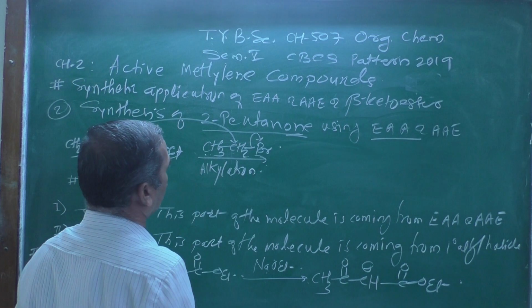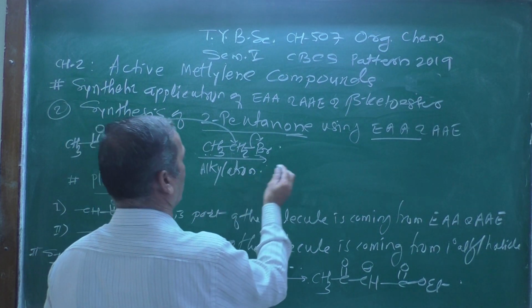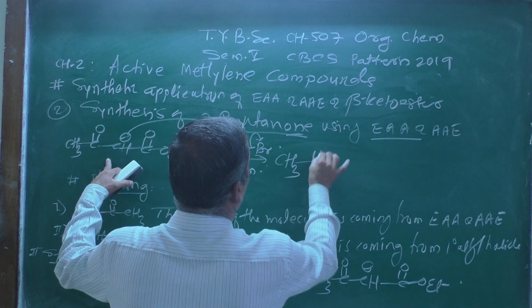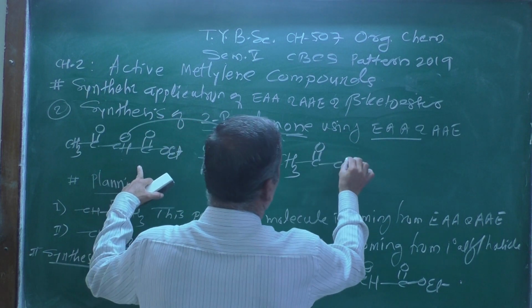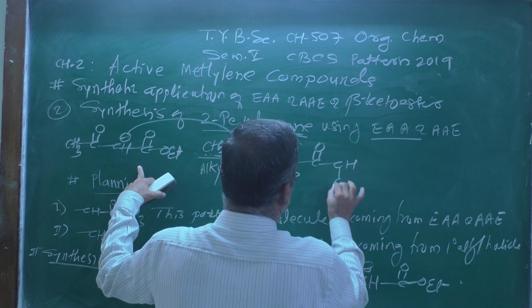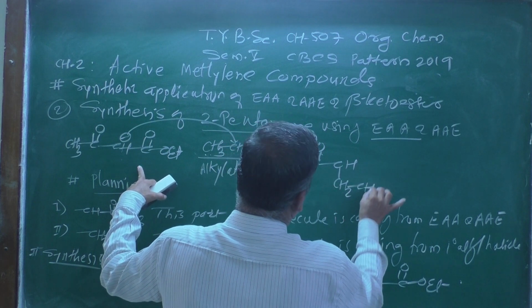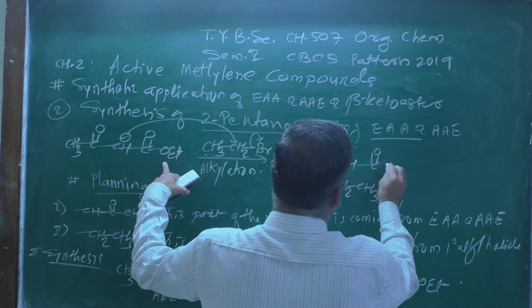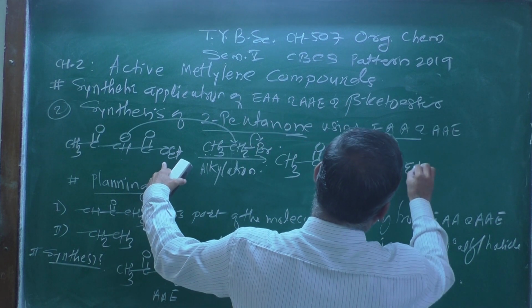There is a departure of that Br, and you will get here CH3, then C double bond O, CH. I am writing here this CH2 and CH3 ethyl group this way, then C double bond O, then OEt.